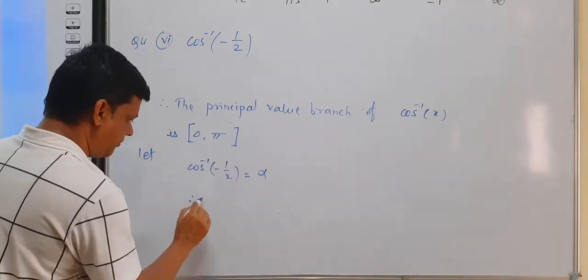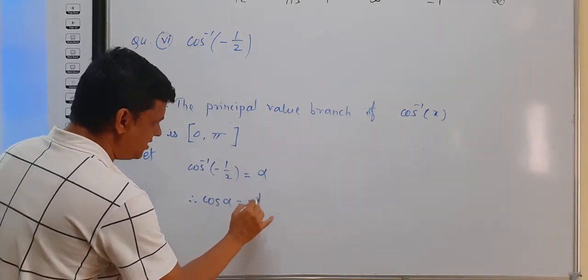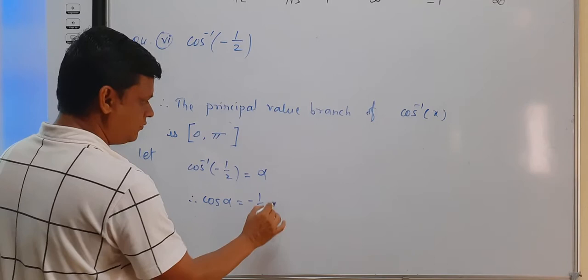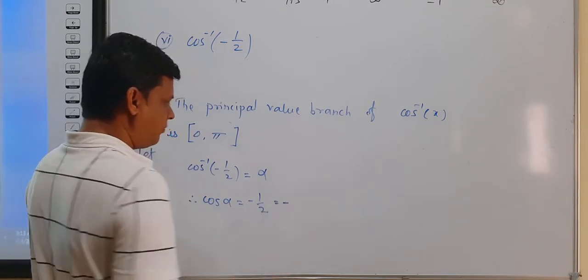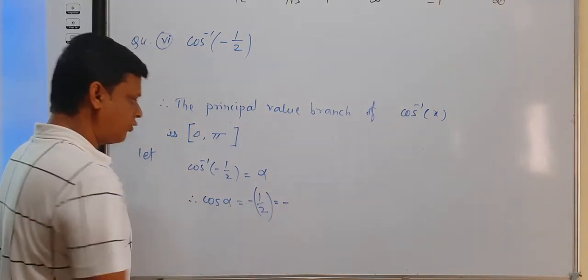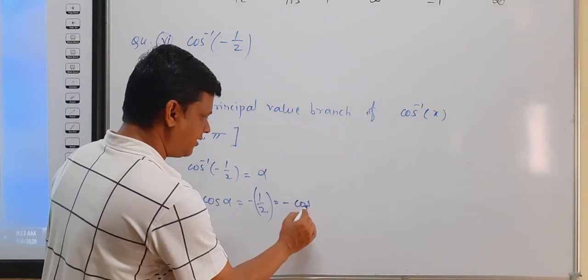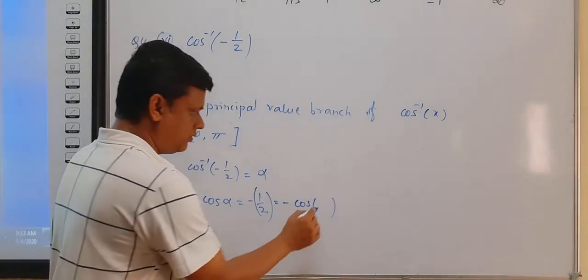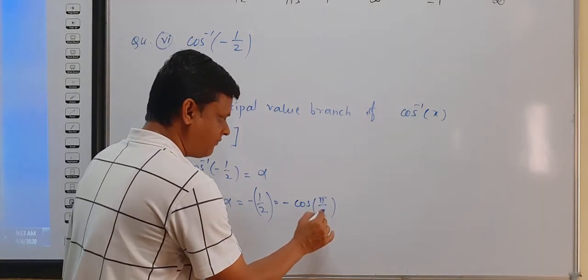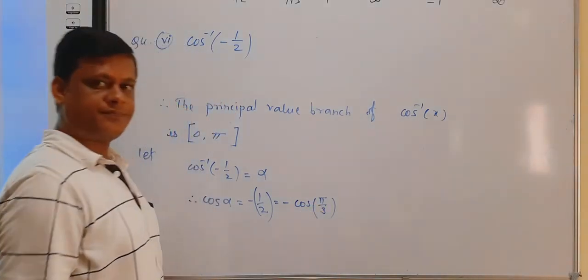We have to find first for which angle we get 1 by 2 for cos. We know that cos 60 is 1 by 2, which we write as pi by 3 here.